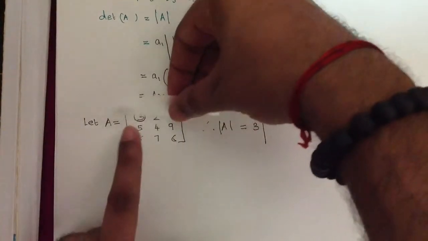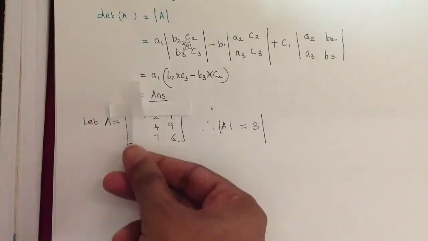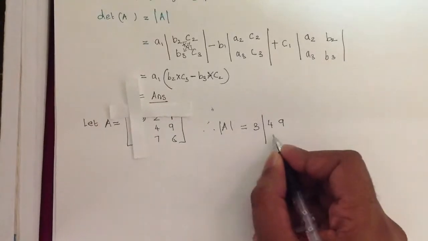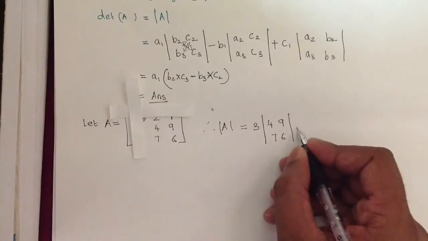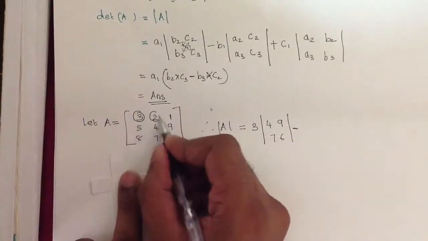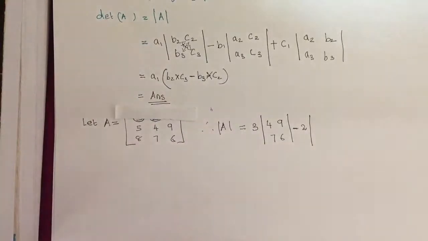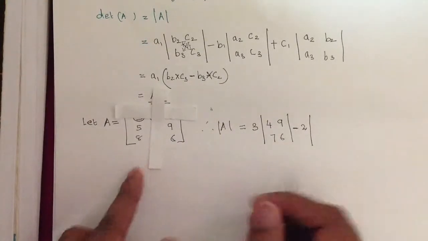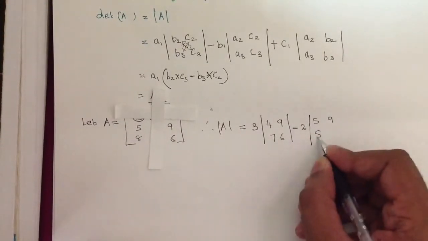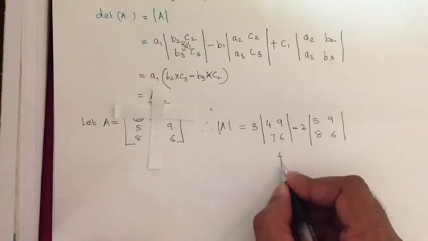For 3, we have to close this row as well as this column, so it will be 4 9, 7 6. The next sign will be minus, and the second value is 2. So 2 times the determinant of, closing this row and this column, what is remaining: 5 9, 8 6. The next sign is plus.